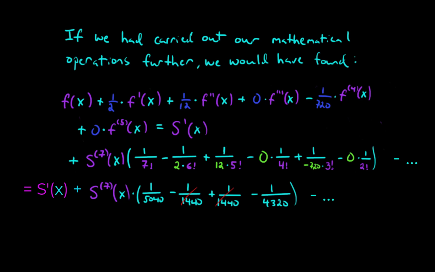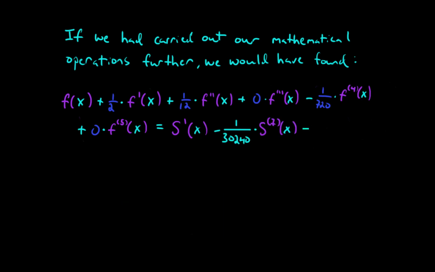Now we see that the 1 over 1,440 terms within the parenthesis cancel, so we are left with this equaling S prime of x plus S7 of x times, open parenthesis, now finding a common denominator, 6 over 30,240 minus 7 over 30,240, close parenthesis, minus dot dot dot again.